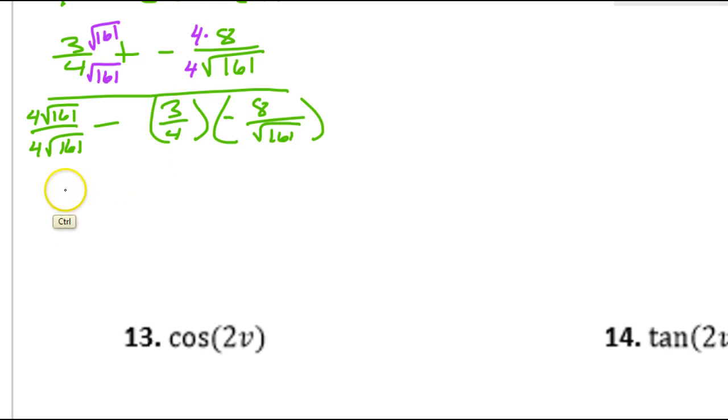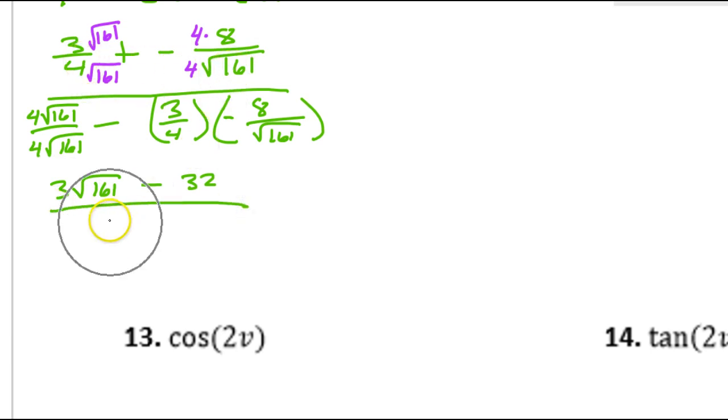So this is going to be 3 radical 161, I'm looking right here, plus a negative, which I will just write as minus, so that's going to be minus 32, I'm looking at u, 4 times 8, and then we had our denominator of 4 radical 161.